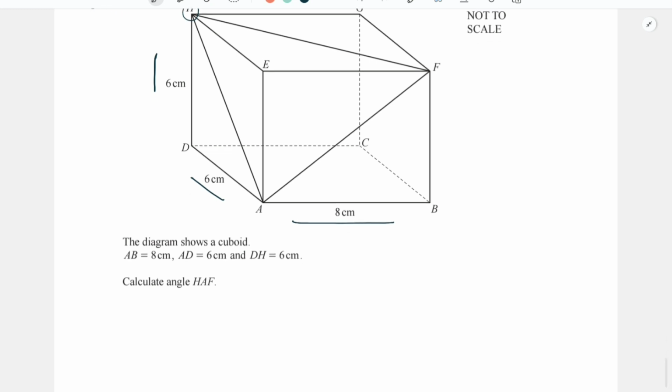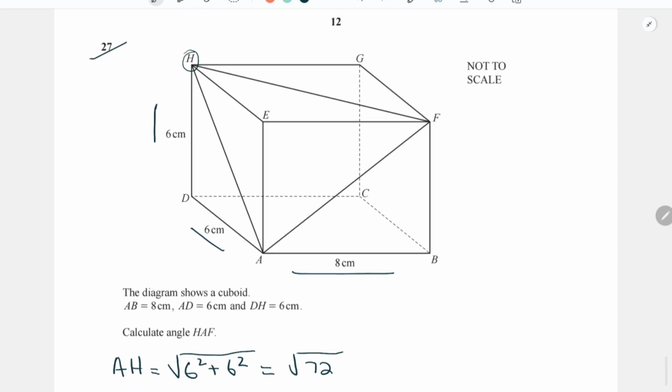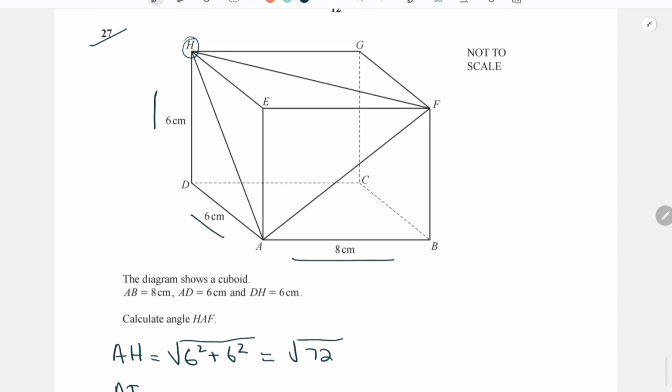Okay, so AH is equal to, we square the values, 6 square plus 6 square, that is 36 plus 36, I just write 72, right? Now we calculate AF. First we calculated AH, means this line, right?